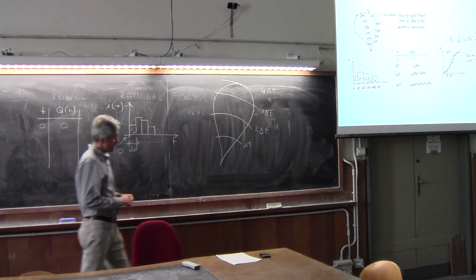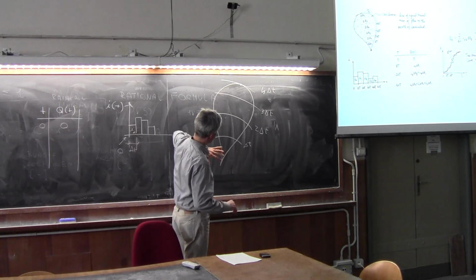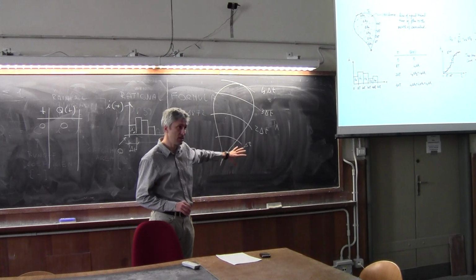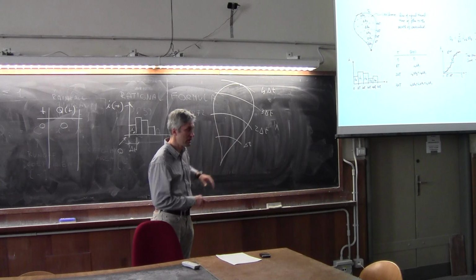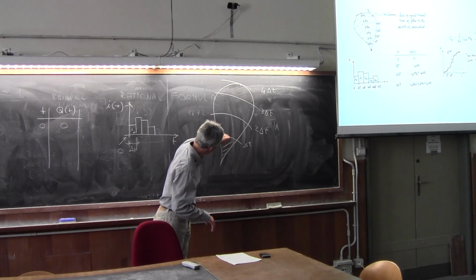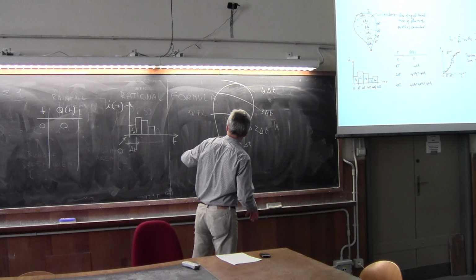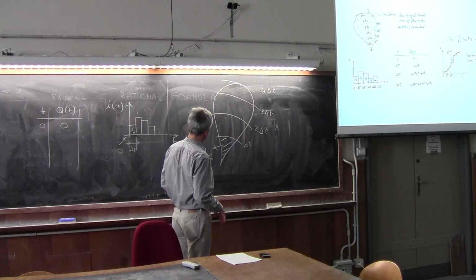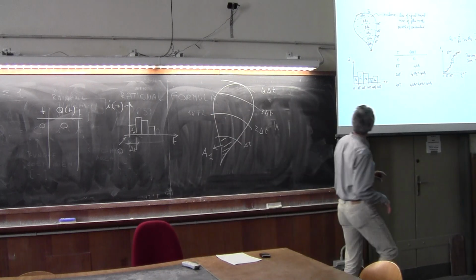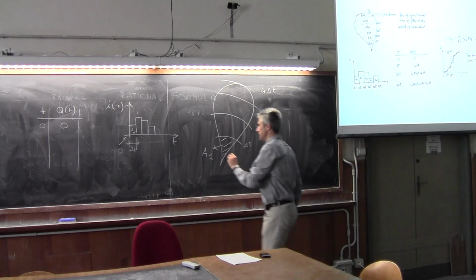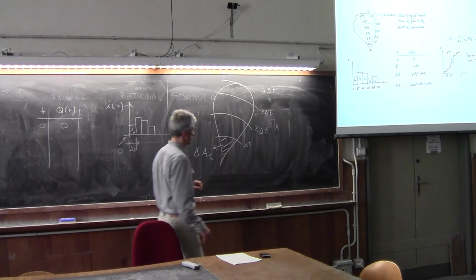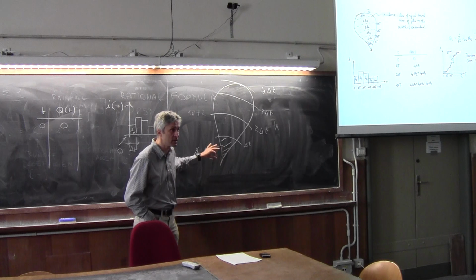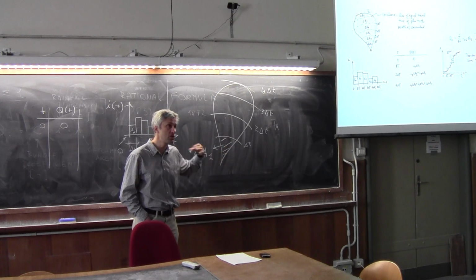Now, if you look at this picture, you realize that all the drops that fell into this area, which I call delta A1, reached the closure.